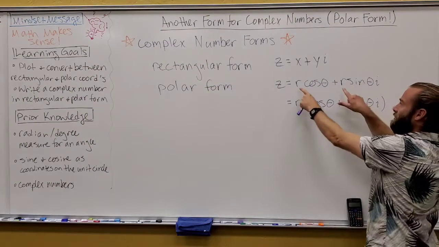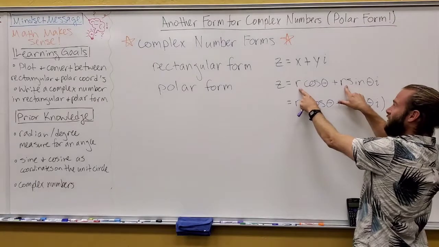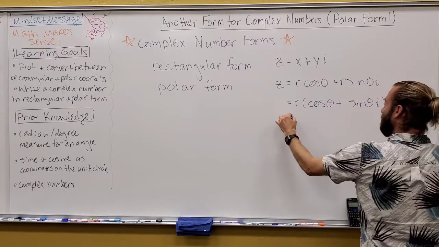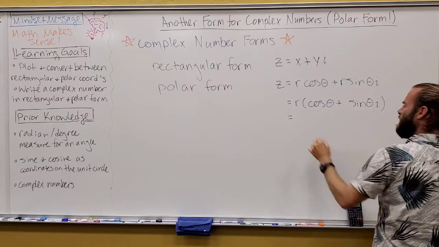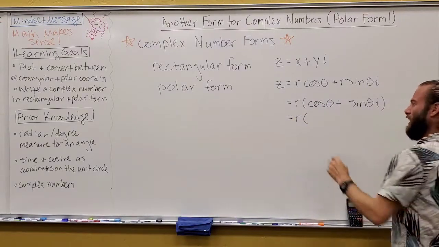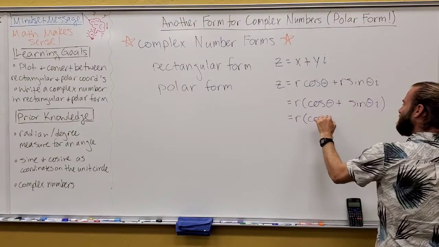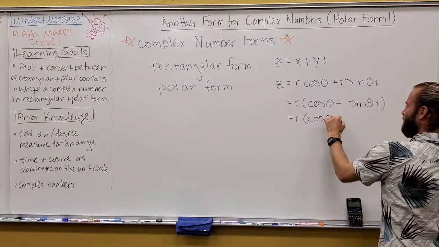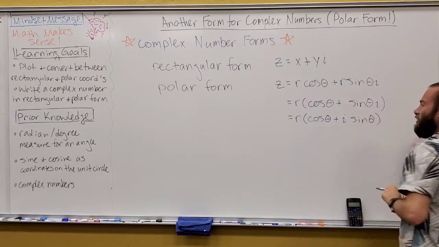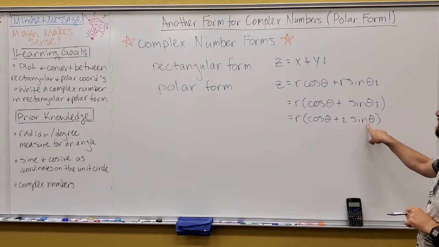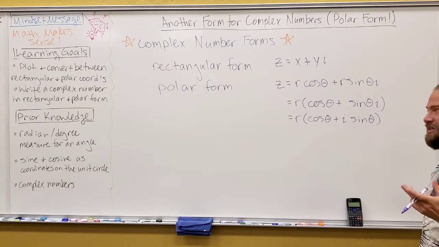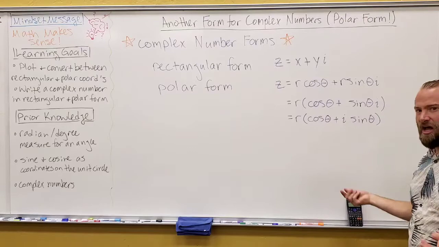And notice something, both of these have a factor of r, so that can be factored out. So r times cosine theta plus sine theta i. Now it is standard in this format, I don't really know why, but it is standard to put the i in front for some reason. So we'll write it as r times cosine theta plus i sine theta. And there's actually an abbreviation that we're going to use in this class because we'll use this format a lot.